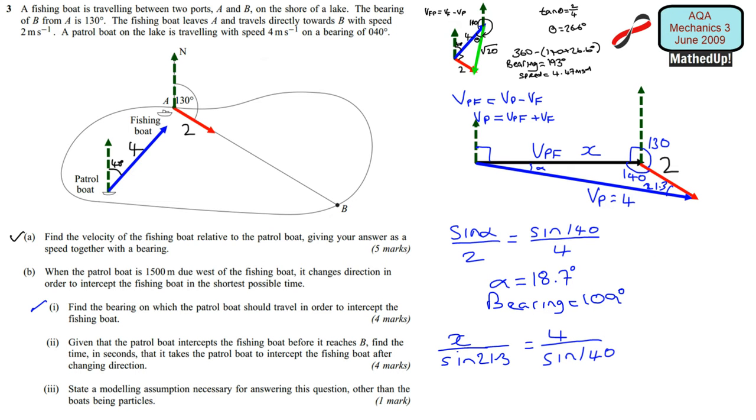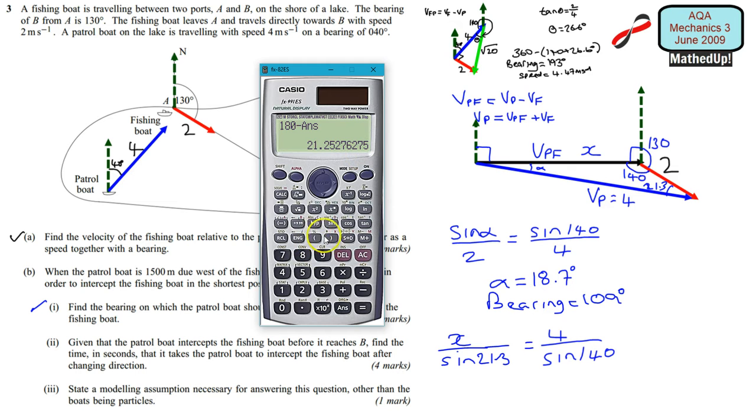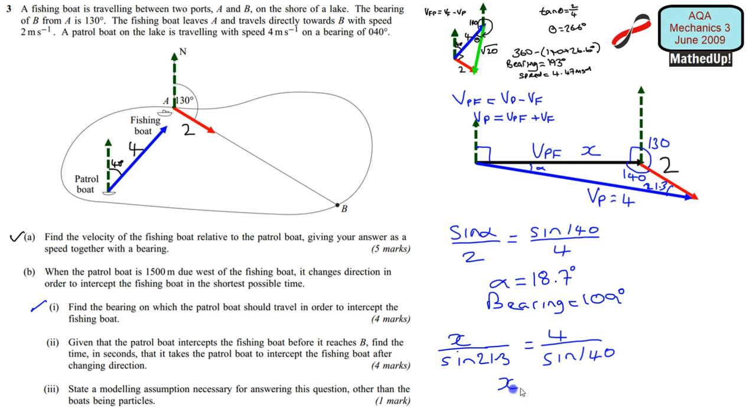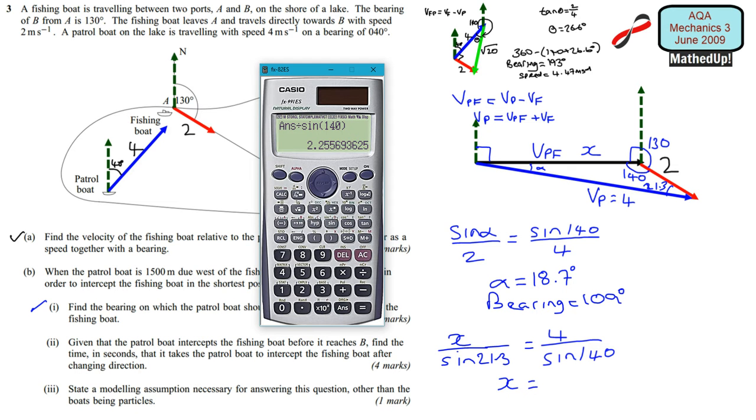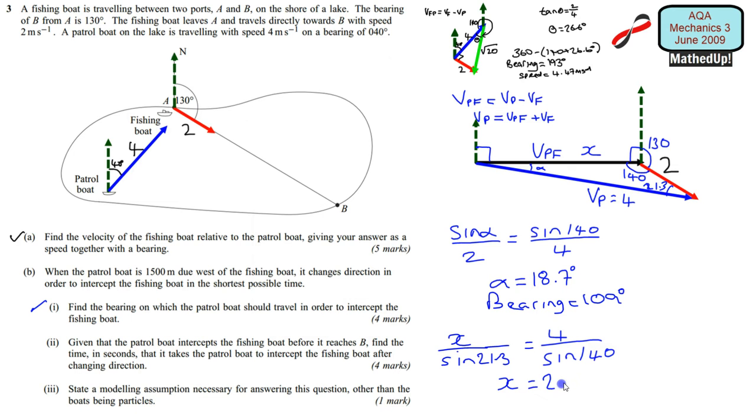Using my calculator, I take the sine of 21.3, times that by 4, and divide that by the sine of 140. And that tells me that x, or the speed here, is going to be equal to 2.26 meters per second. So that's how fast it's travelling here.